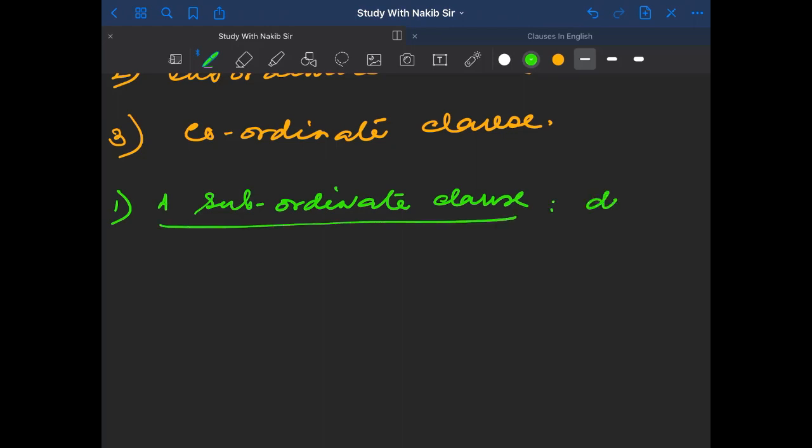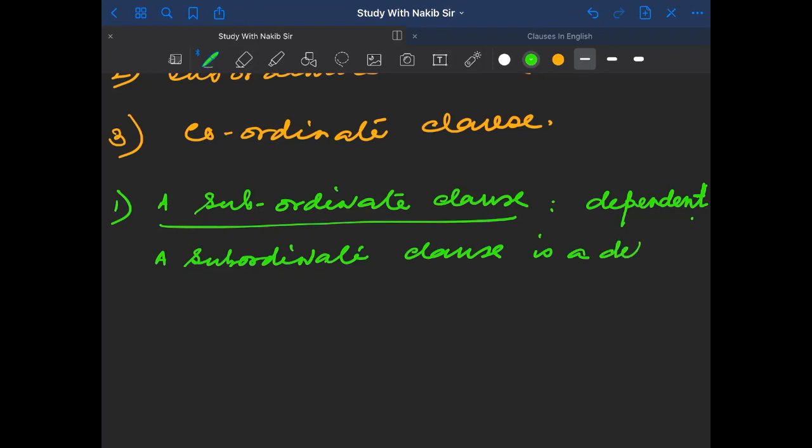Subordinate means dependent. A subordinate clause is a dependent clause.